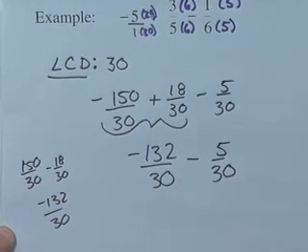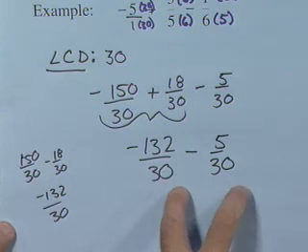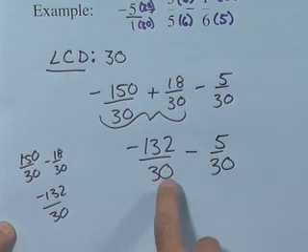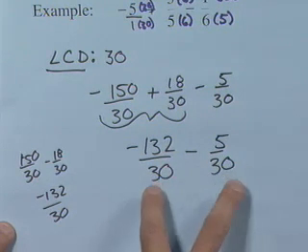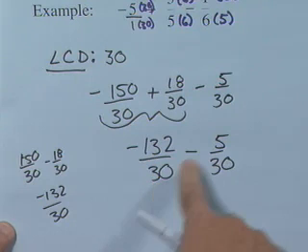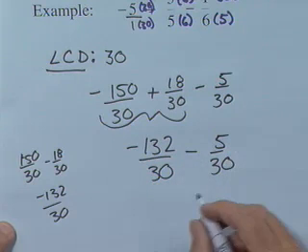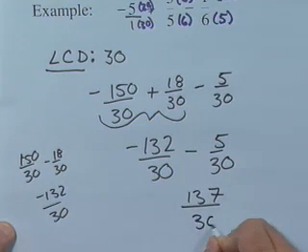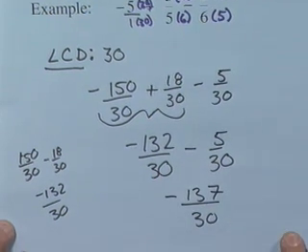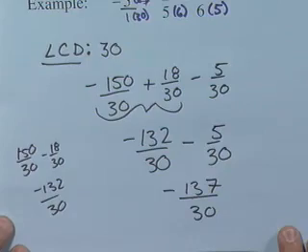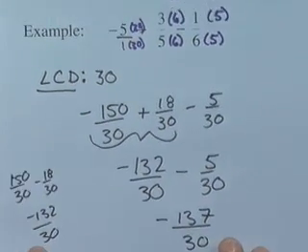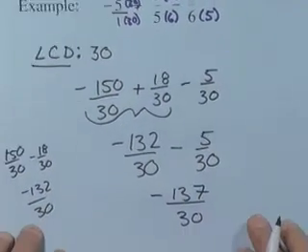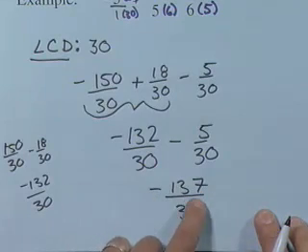Now, remember what we do when the signs are the same. We combine the absolute values. We just take 132 over 30 and combine it with a 5 over 30, and I keep the sign. So notice this expression here, our original expression, simplifies to negative 137 over 30.